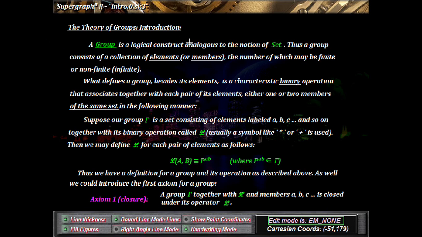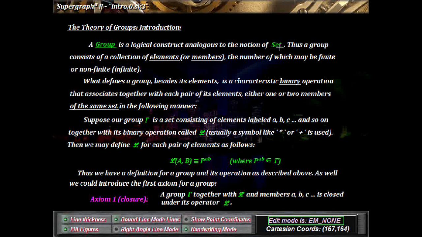A group is a logical construct, I've said, analogous to the notion of set. If you understand the notion of a set, which is just a collection of any type of thing, a group is very much similar to a set. In fact, it's a set plus something else.